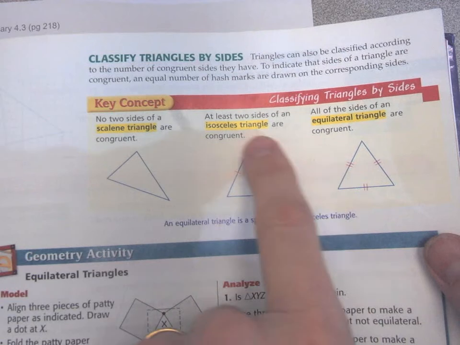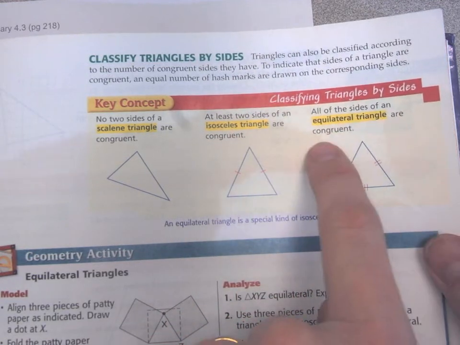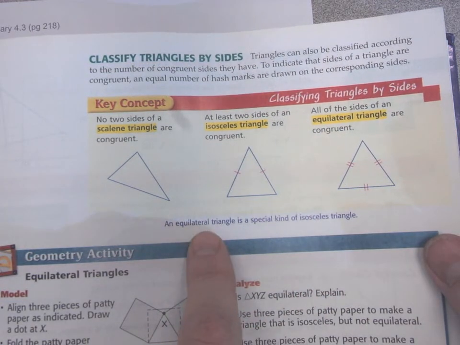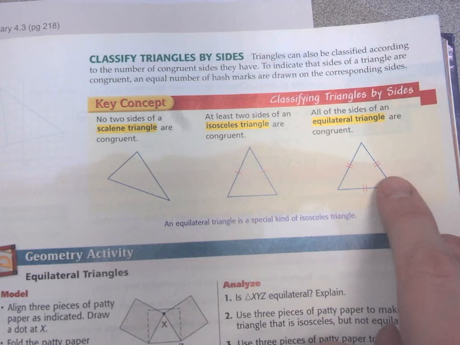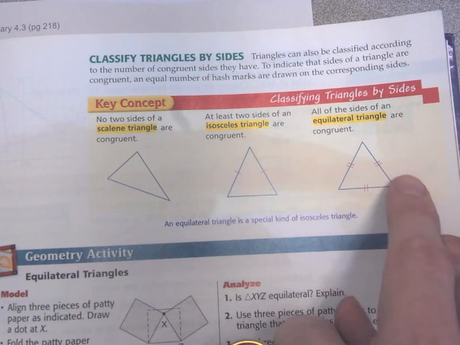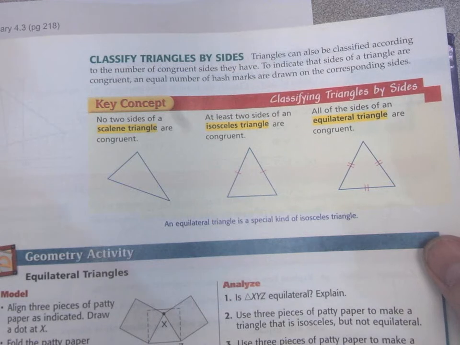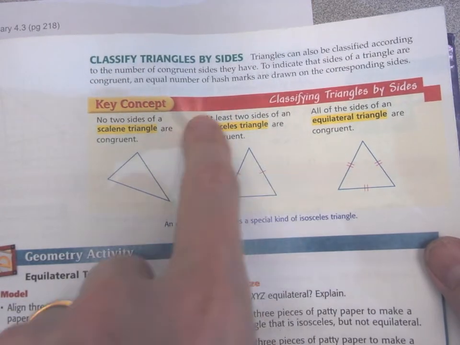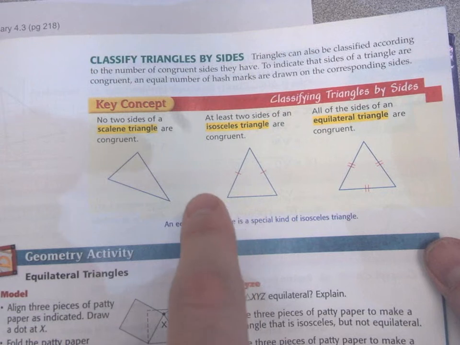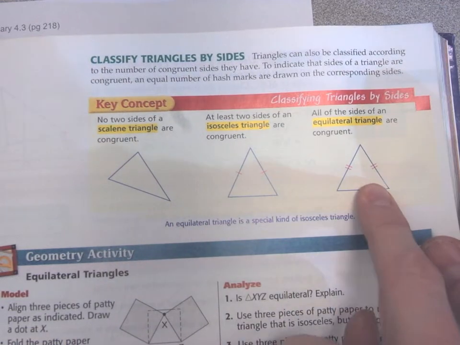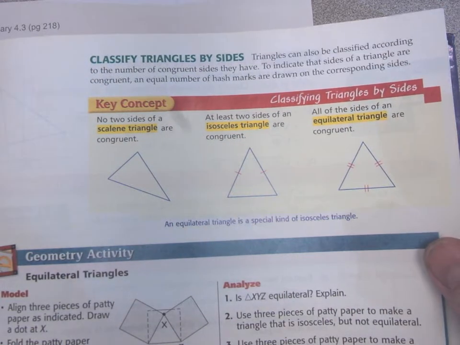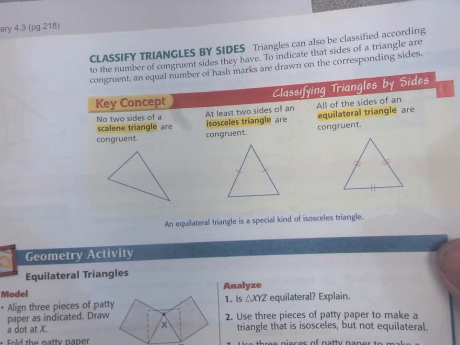And here it says all sides of an equilateral triangle are congruent. So notice that all equilateral triangles have at least two sides congruent, which makes an equilateral triangle a special kind of isosceles triangle. Okay? So when we prove theorems about isosceles triangles, we can apply those theorems to equilateral triangles as well. We basically get some ideas as a bonus.